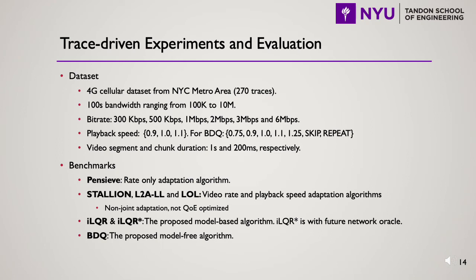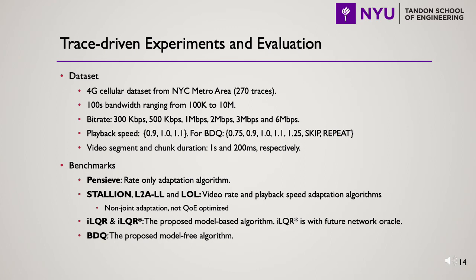Video segment is 1 second long and delivered in 200 millisecond chunks. For benchmarks, we choose to compare with Pensieve, which is a reinforcement learning-based rate-only adaptation algorithm. Stallion, L2A, and LoL can adapt video rate and playback speed, but not in a joint manner.